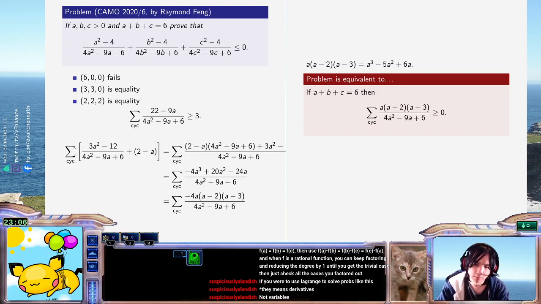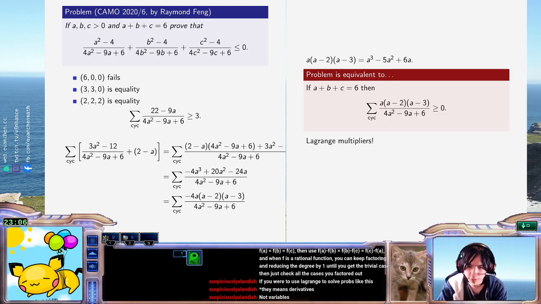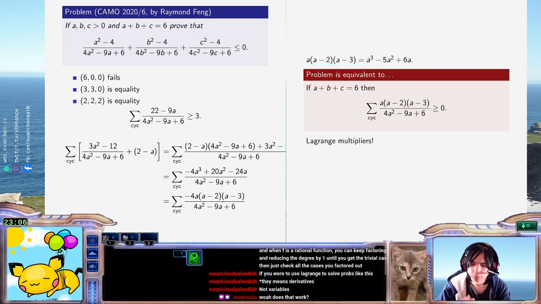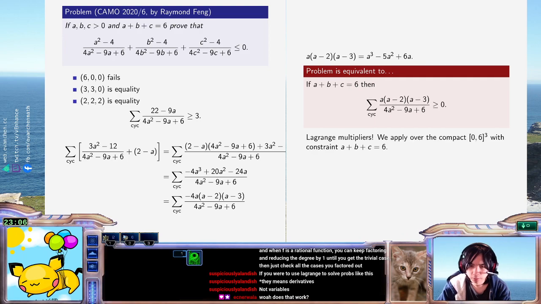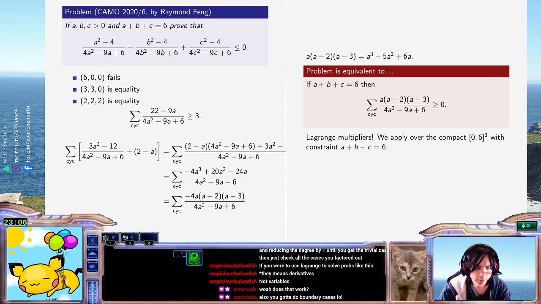We're going to apply it over the compact set [0, 6] cubed with the constraint a plus b plus c equals 6. The boundary cases look annoying, but the boundary case seems like a one variable inequality if you phrase it correctly. The gradient is non-zero because it's the constant vector 1, 1, 1.